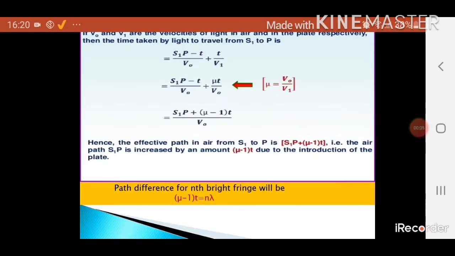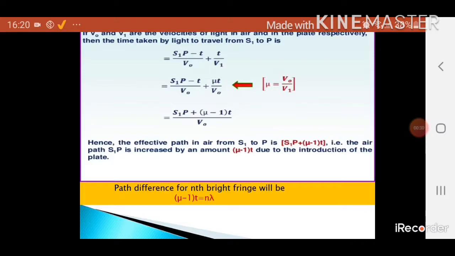In order to find the number of fringes in the distance x, we will use a source of white light. The fringes are colored with the central fringe as white. When we use white light, we will get colored fringes and the central fringe will be the white fringe. So we will set the cross wire on the central white fringe and note down the reading of the micrometer.